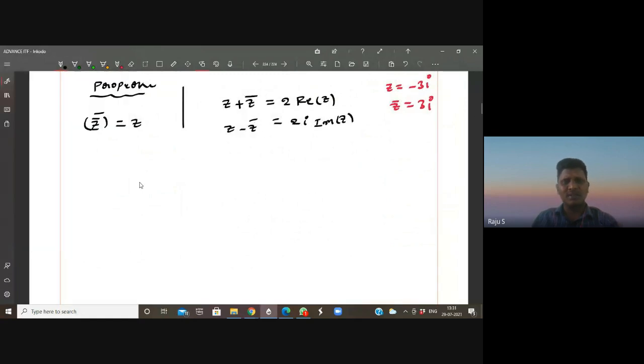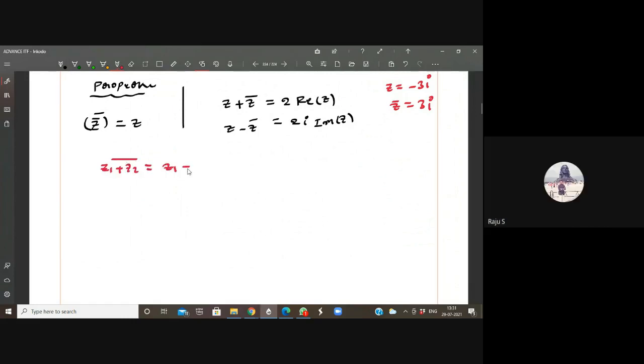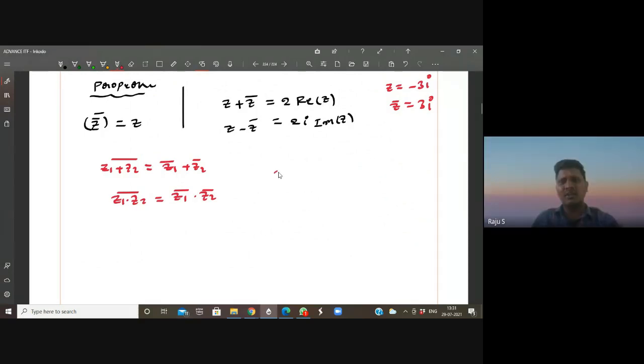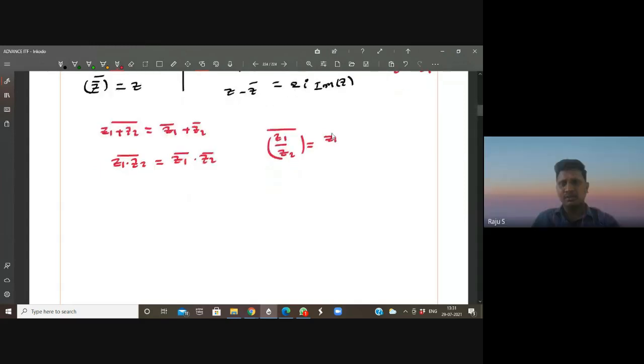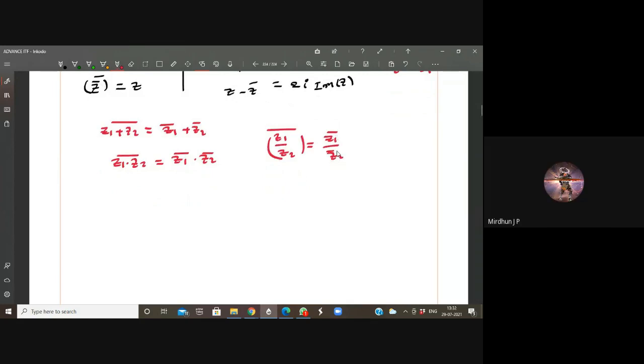And when we take (Z1 plus Z2) whole conjugate, it can be written as Z1 conjugate plus Z2 conjugate separately. And even for multiplication, (Z1 into Z2) whole conjugate is Z1 conjugate into Z2 conjugate. Even (Z1 by Z2) whole conjugate can be written as Z1 conjugate by Z2 conjugate. Sir, I have a doubt: instead of the line, can we write just one bar?